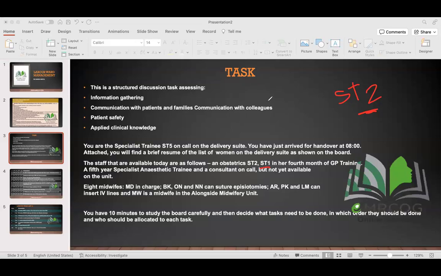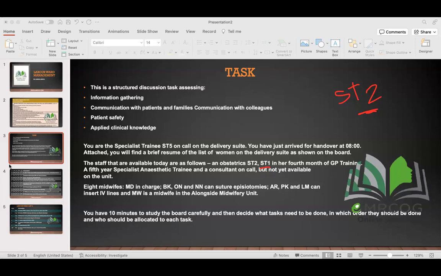But I can't really depend on a person who is new in the training to manage an obstetric case, for example sending for ultrasound assessment, right? So be careful of the staff with you, their availability, and the meaning of ST1, ST2, and so on.